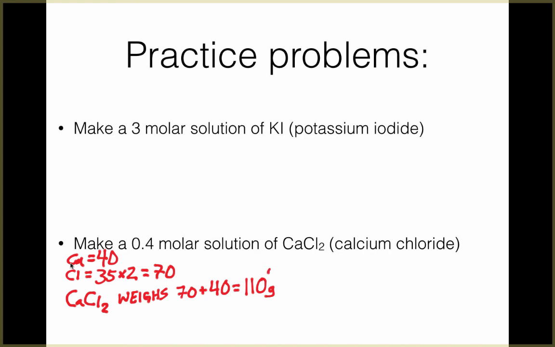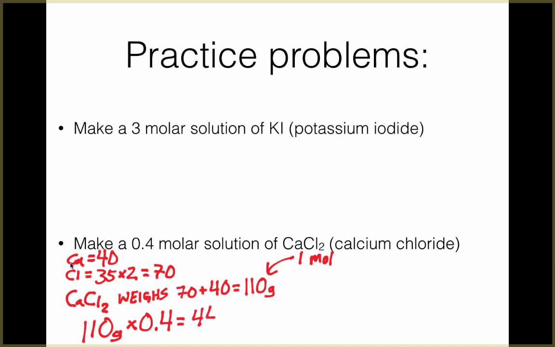That's 1 mole. Do I want 1 mole though? No, I don't, because the problem says I want 4/10 of a mole of this stuff. So, fine, 110 would be 1 mole. I'm going to multiply that by 4/10.